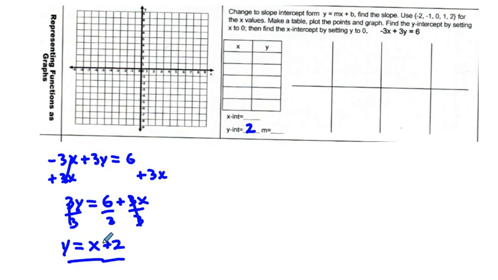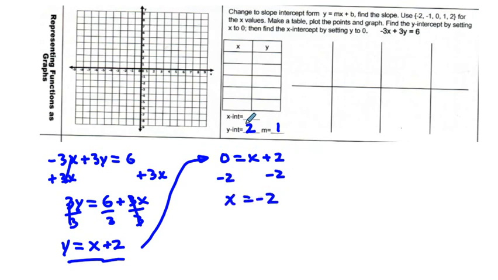And our m is going to be, how many x? 1x. M is 1. And then our x-intercept we get by setting the y equal to 0. So I'm going to bring this up here like this. So I'm going to put 0 equals x plus 2, and subtracting 2, x is equal to negative 2. That's going to be our x-intercept.